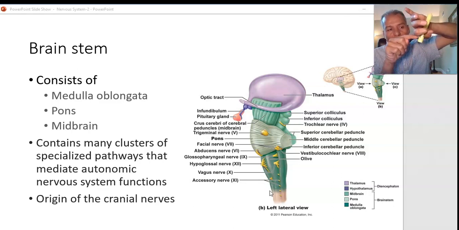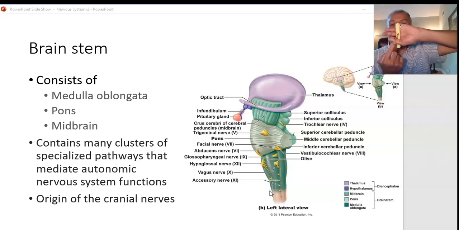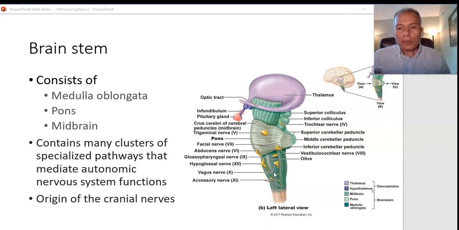We call the area from beneath the skull to the very end the spinal cord. The area inside of the skull itself, the green and going up, is called the brain stem. Okay? So the foramen magnum, or the big hole, is where the borderline is between the spinal cord and the brain stem.